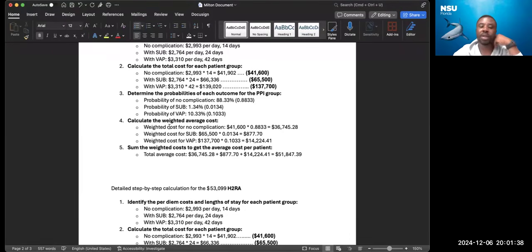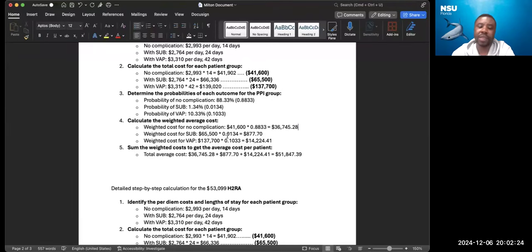For example, the total weighted cost for no complication, I just took this number. Remember that I didn't take this number. This is what I got when I did the calculation, but in the article it stated this, so I'm using this instead of this. So just remember so that you don't be confused. So I said 41,600, that is this, times the probability of no complication, which gave me 36,745.28. Remember that in class today, she said she normally wants the cost to be in 2 decimal points.